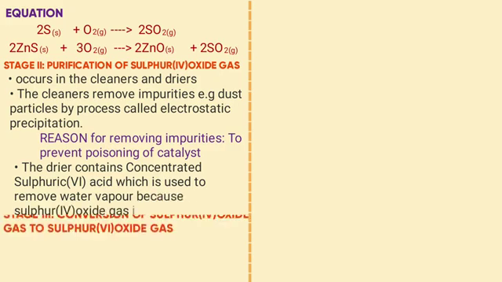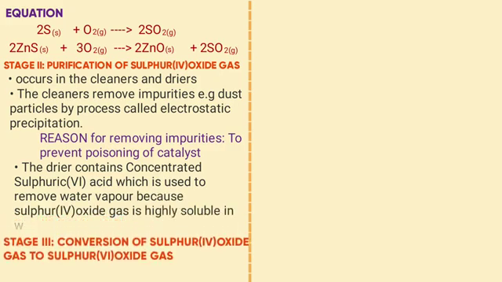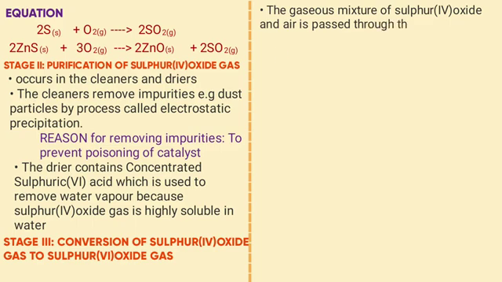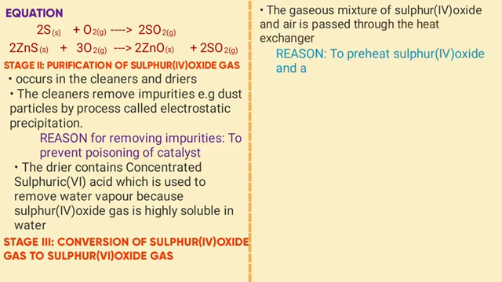Now, stage 3 is catalytic conversion of sulfur (IV) oxide to sulfur (VI) oxide. The gas mixture of sulfur (IV) oxide and air is passed first through the heat exchanger. Reason: to preheat the mixture to attain a suitable reaction temperature.